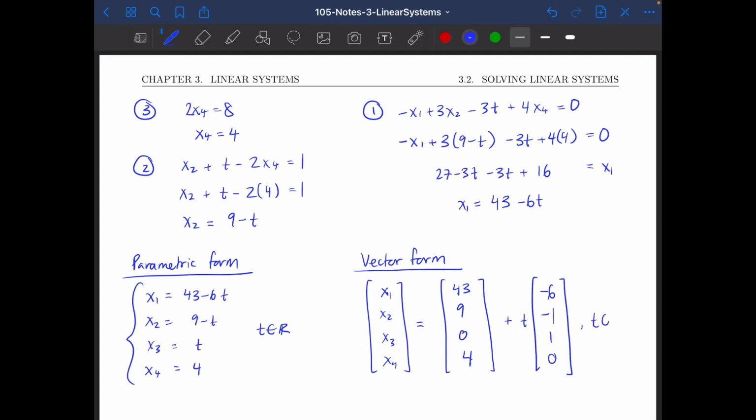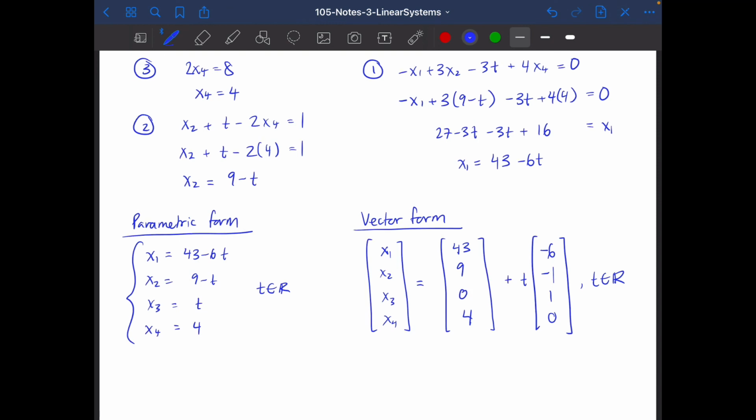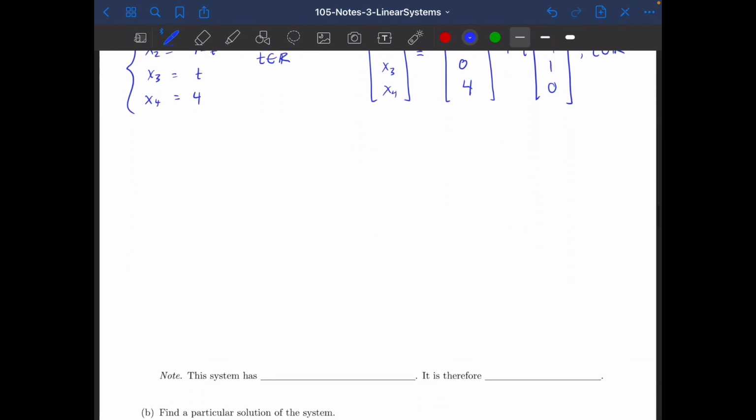It's for any t in R. For any value of t that I choose, I will find a new solution of the linear system. This system has infinitely many solutions. It is therefore consistent.